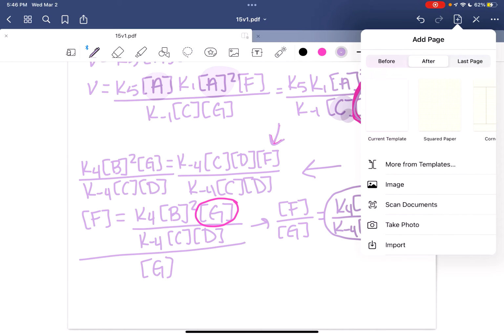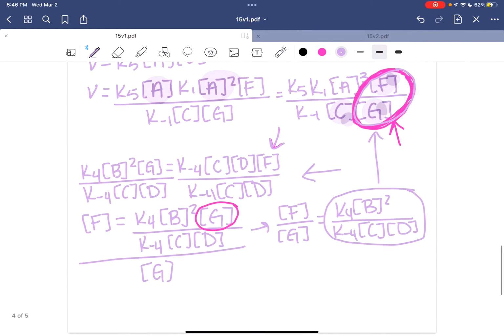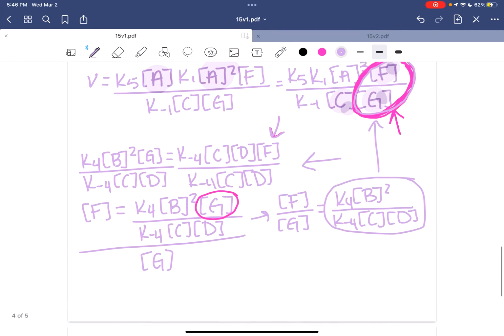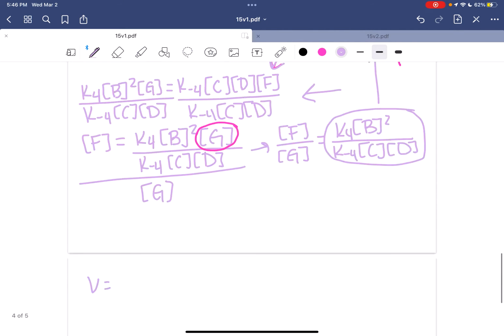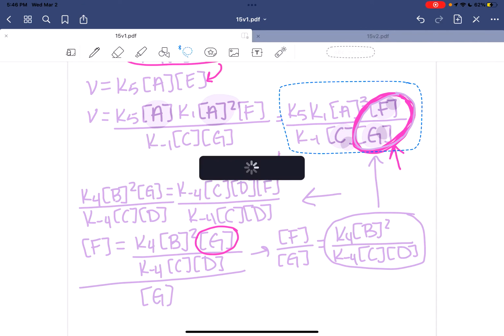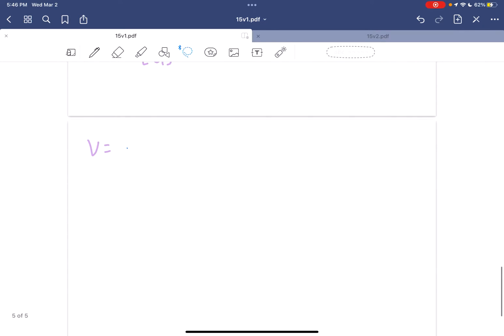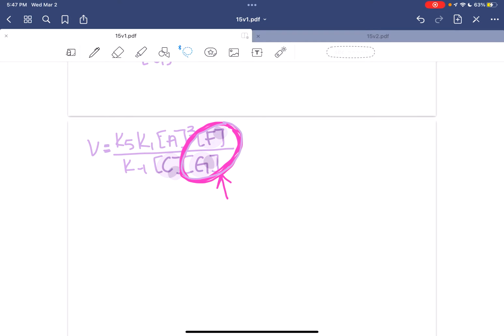So I'm just going to add a new page down here. And so we're going to take our rate law that's here. So that is the rate of our equation times, you know what, I'll just copy this down here. Get rid of these.